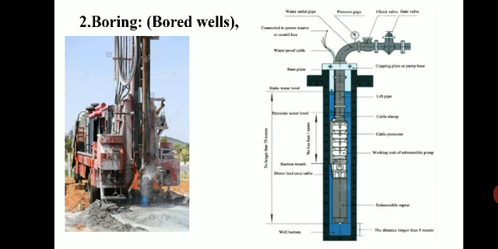Power driven augers are also used for construction of bore wells where the depth is more, up to 30 meter in depth and a diameter of 1 meter. So this is how bore wells are constructed.